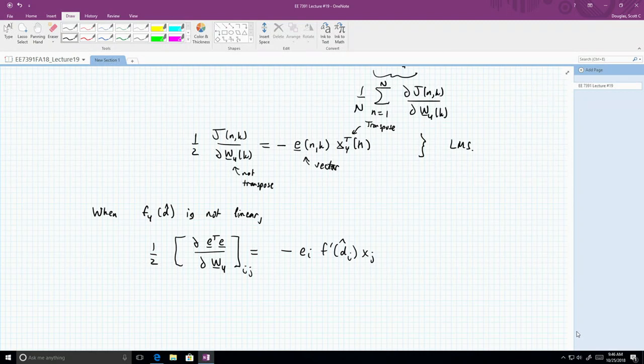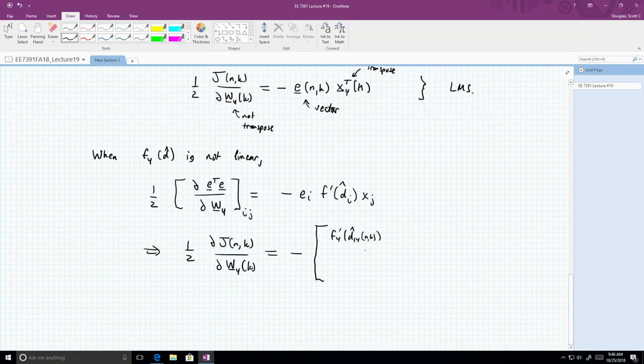And so what that means is that if we take one half the derivative of J of n, k, what we end up having is a change with respect to the relation. The change is we have a diagonal matrix of f4 prime of d1 hat, and this again would be n, k if we want to write it out, right?